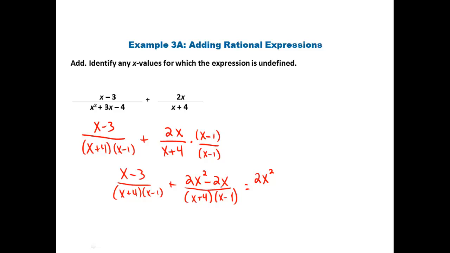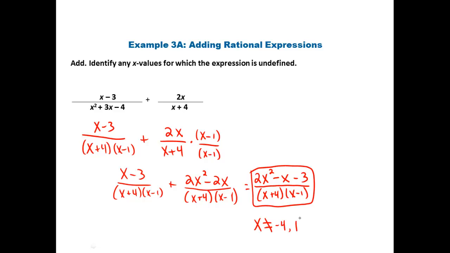Then we have x minus 2x, which is minus x, and then minus 3, over x plus 4, x minus 1. You don't need to multiply this out on the bottom; you can leave it in its factored form. Then x can't equal negative 4 or positive 1.